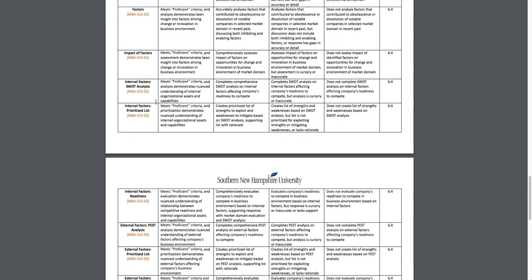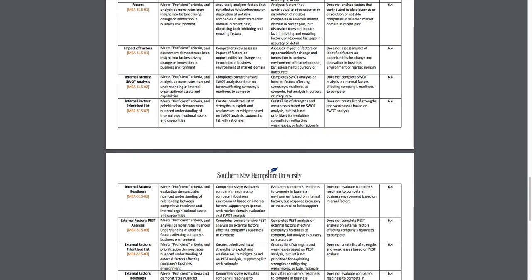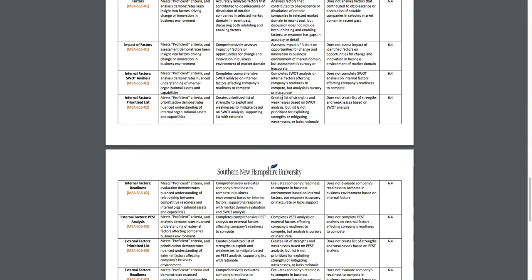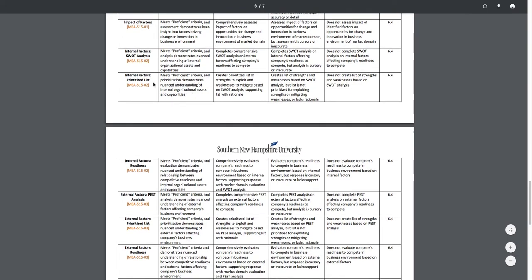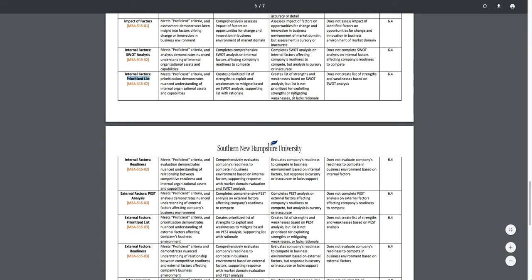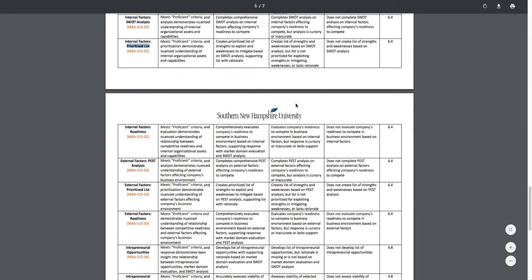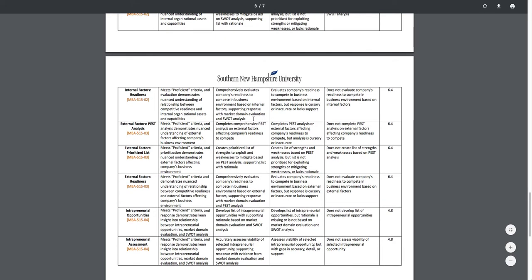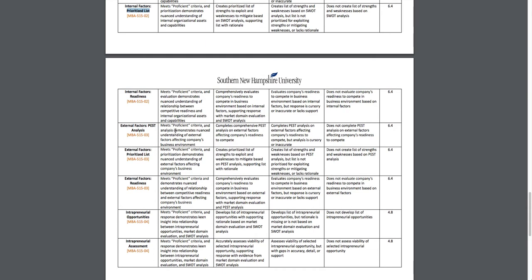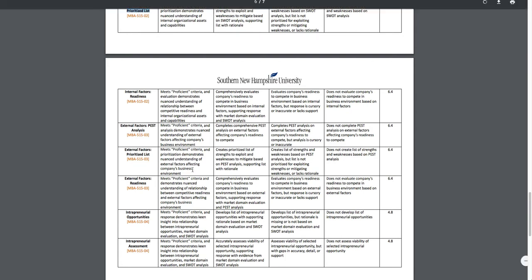So you've got the internal factors of a SWOT. We know internal factors are strengths and weaknesses, anything that we have some influence over. You have internal factors, prioritized lists. Remember, prioritized lists. Some missed this in a previous assignment. Then the readiness, that you can do business based on your strengths and weaknesses. External factors, in other words, what's going on outside of your company, the PEST analysis, whether it's economic, political, technology-wise, what is going on that will enable or impede you from doing it.